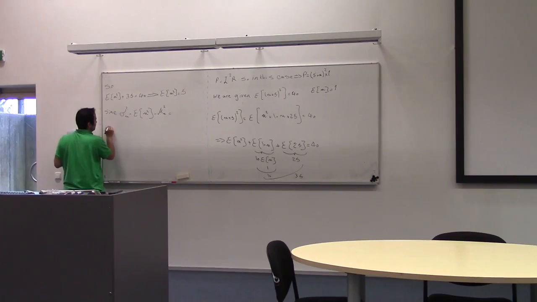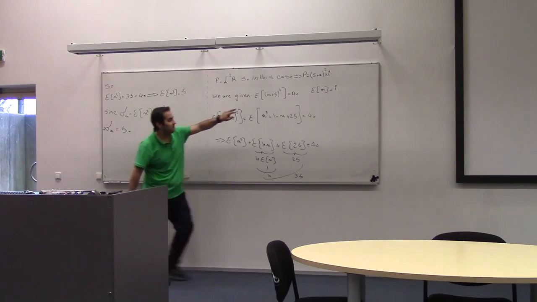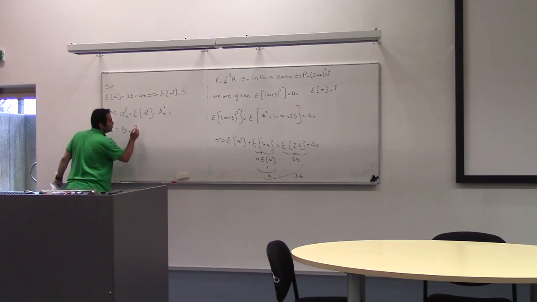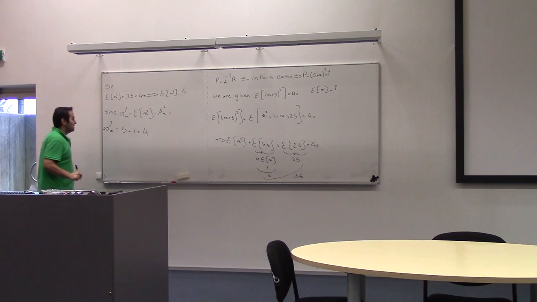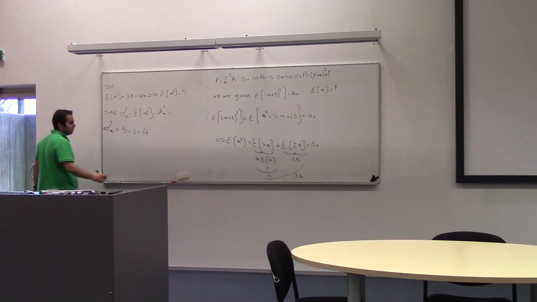5, we know that the variance of x is equal to the expected value of the x power 2, 5, minus what was the mu x? 1. Then 1 power 2, that is equal to 1. Then sigma power 2 of the x is equal to 4.